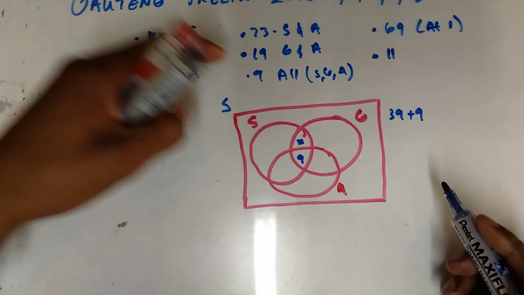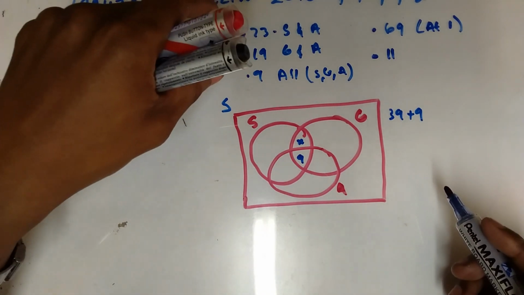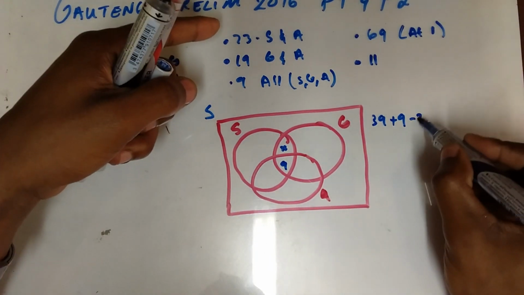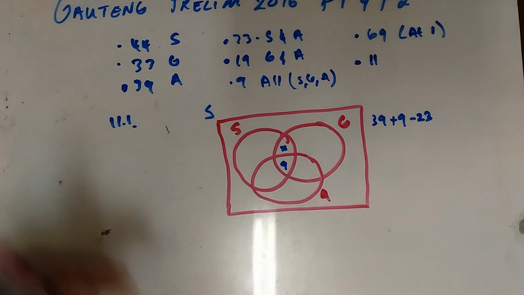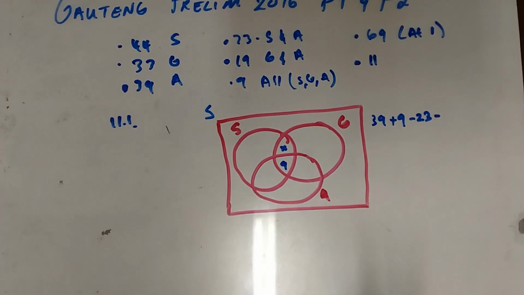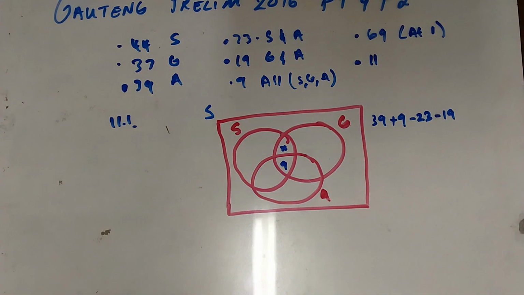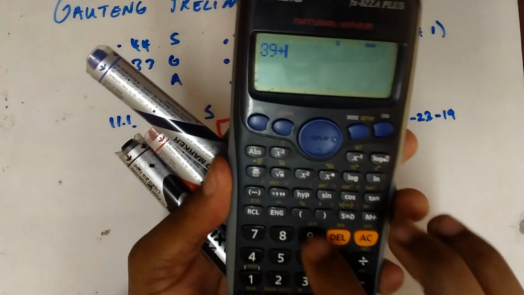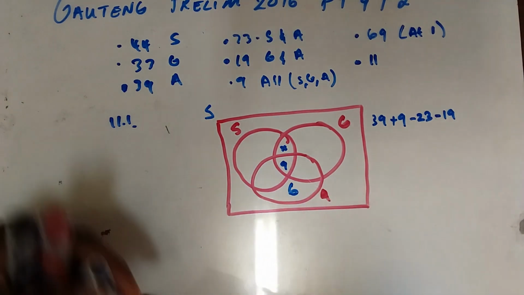But 23 of them did swimming and athletics, so we subtract that, and 19 of them did gymnastics and athletics, so we subtract 19. That's 6. So only 6 people did athletics alone.